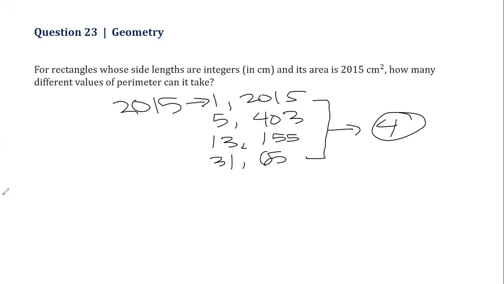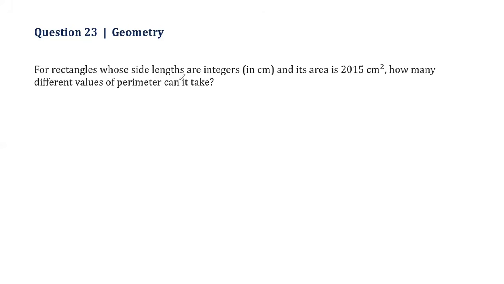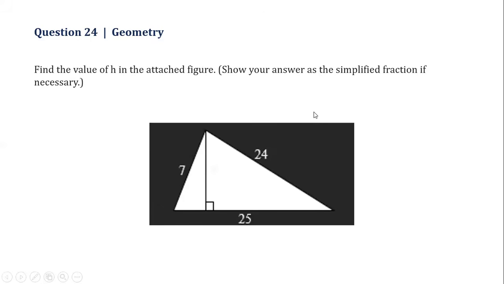Okay, so we're going to proceed to our last question because we're going way over time. Find the value of h in the attached figure. So this is kind of the same as the ABCD triangle, but here we have the actual sides: 7, 24, and 25.